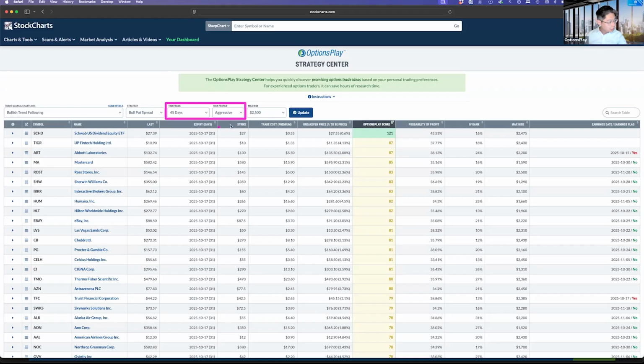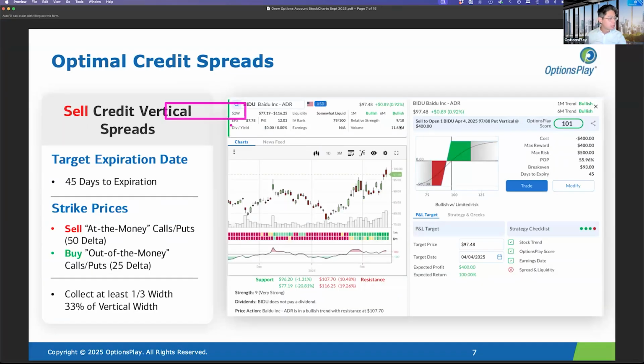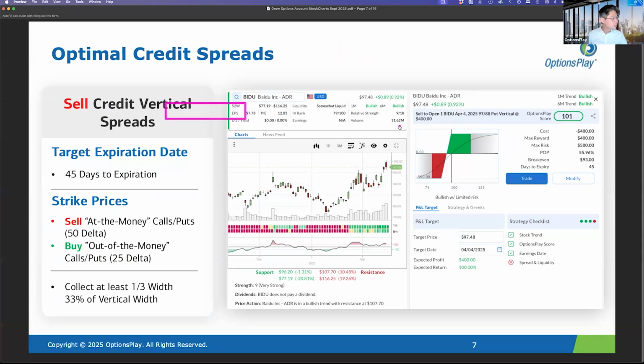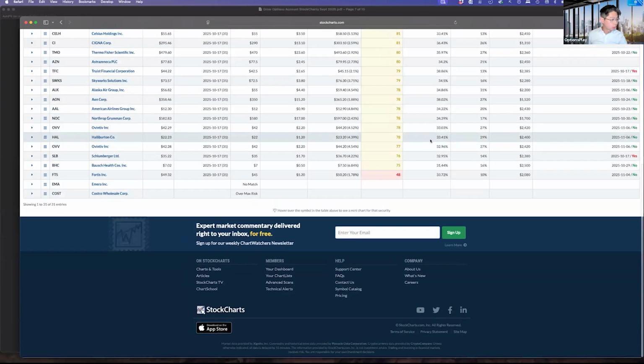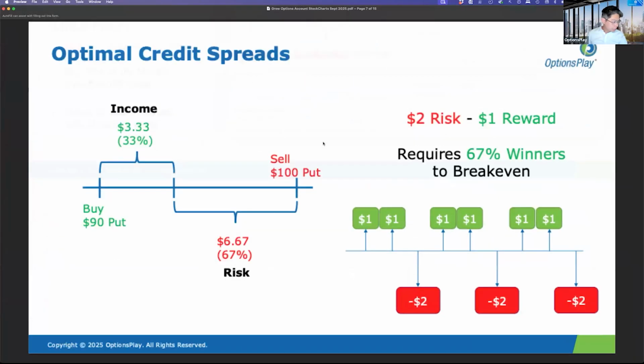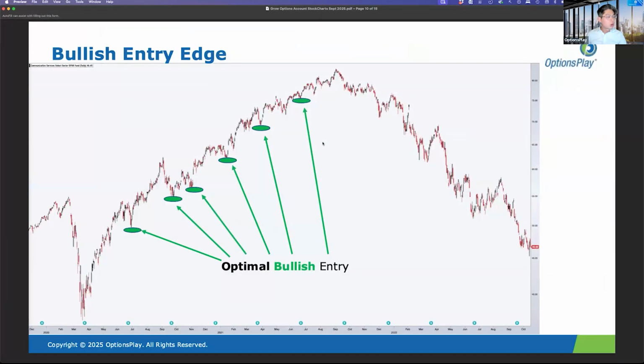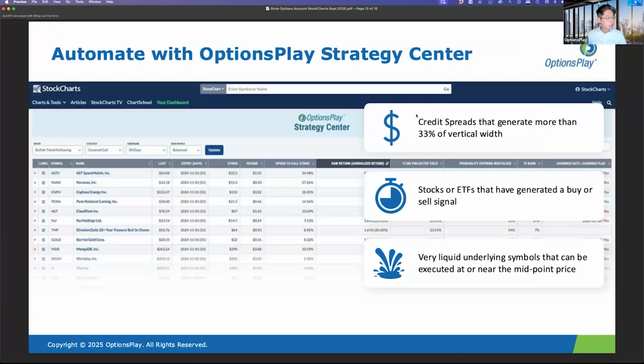And the Strategy Center is doing all of the work that I just showed you. It's finding credit spreads that generate more than 33% of the vertical width, and it ranks them for you so you can see which credit spreads have the best risk to reward ratio.